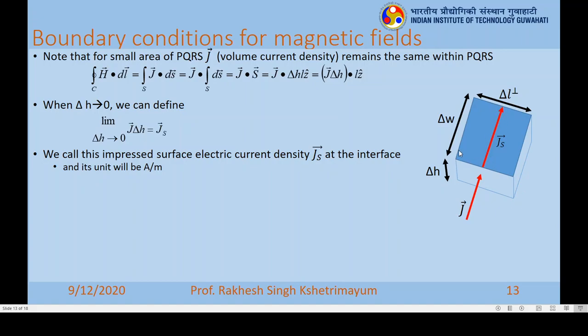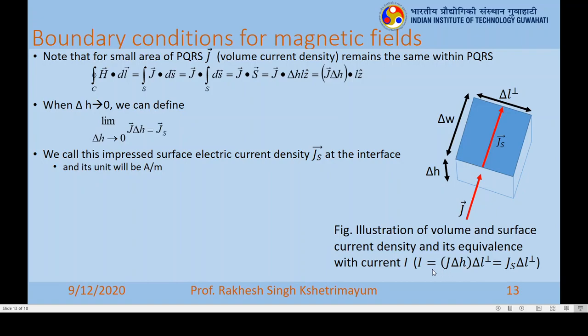So now what's the relation between volume current density, surface current density, and current? Basically this right hand side is a current. H dot dl is equal to the current enclosed by that closed loop. So we need to find the relation between volume current density, surface current density, and the current. That will simply be the area. What is this area?